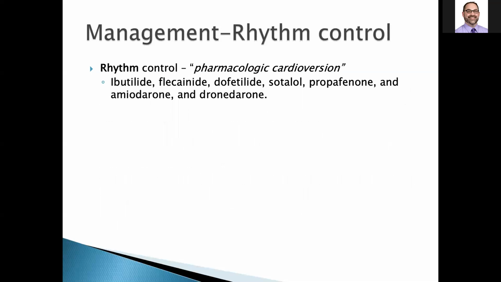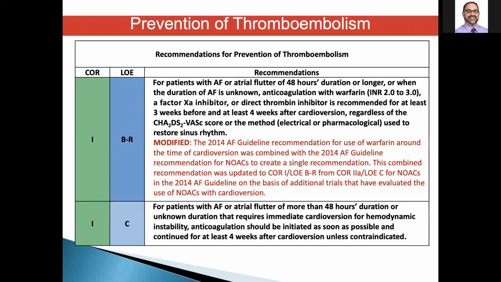And then rhythm control, how we're going to pharmacologically cardiovert them. So here is a list of medications that we can use. Many of these are proarrhythmic. They prolong the QT interval, so you need to be careful when titrating these medications, watching for prolonged QT and ventricular dysrhythmias.